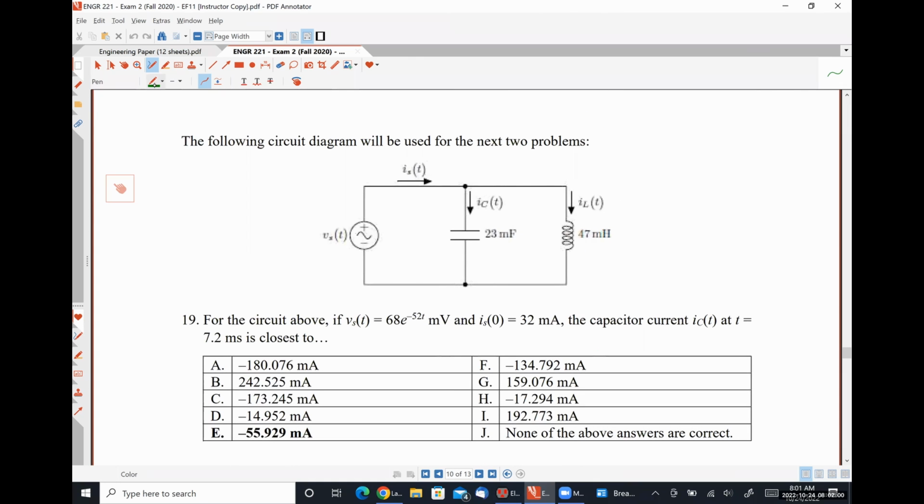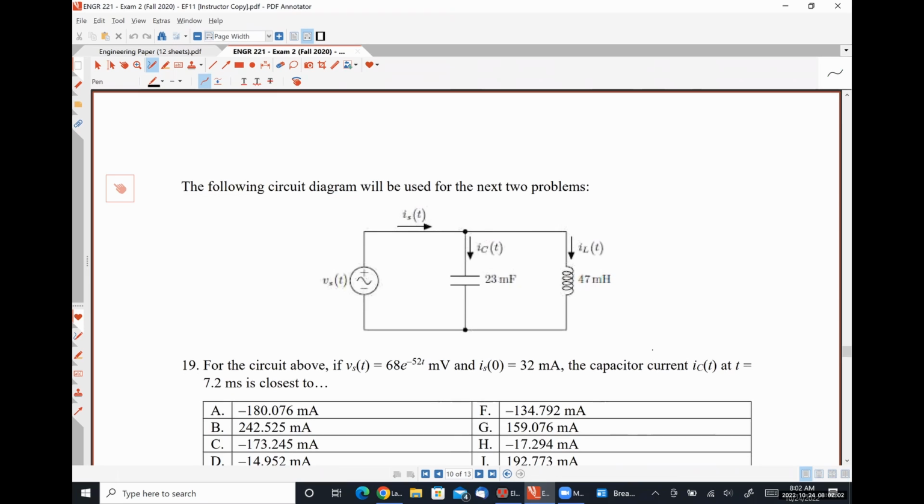So writing Kirchhoff's current law, we can say that Is of t is equal to Ic of t plus IL of t. And we can also see that Is of 0 is equal to Ic of 0 plus IL of 0.